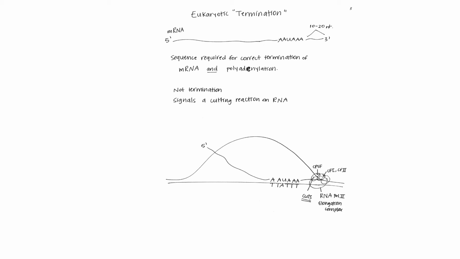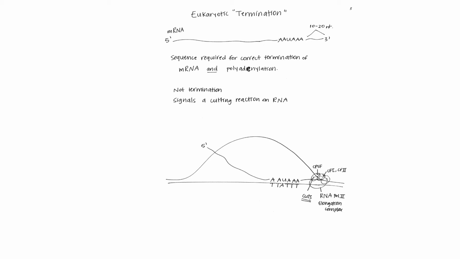So these proteins cut the end of the message, generating the proper 3' end, but interestingly, this polymerase keeps going. So it continues transcribing. It's not termination per se, it's just that it ends the transcript with the cut.